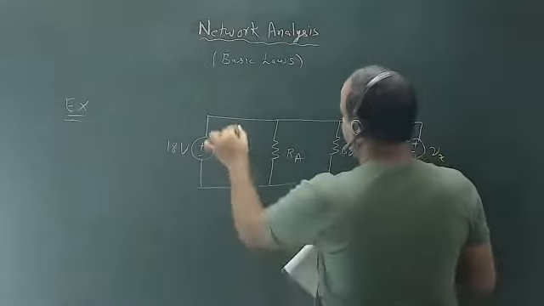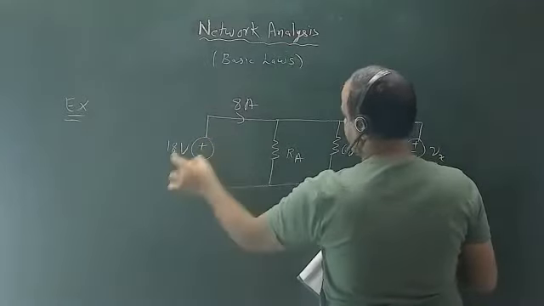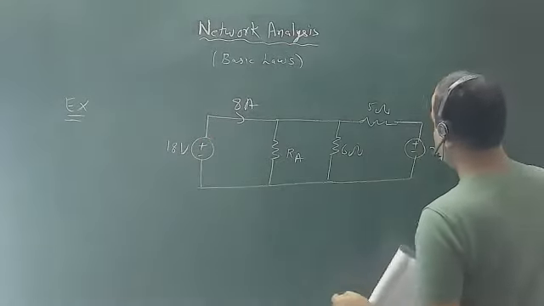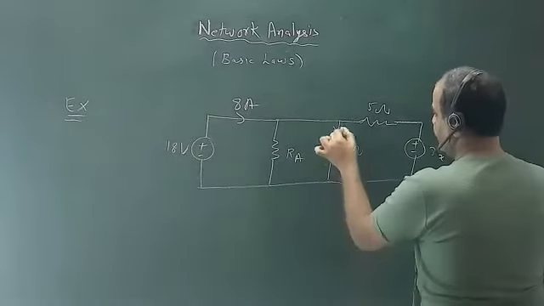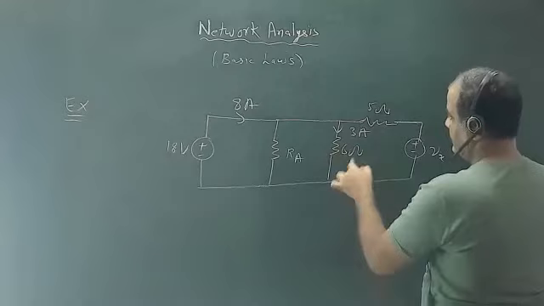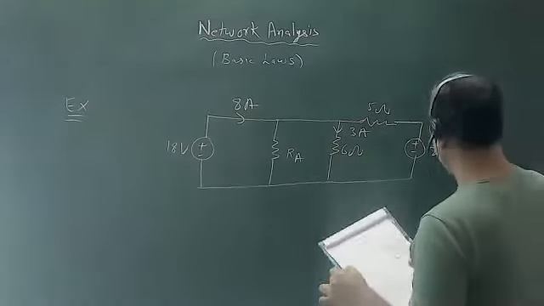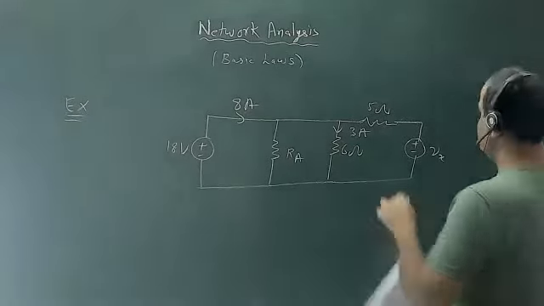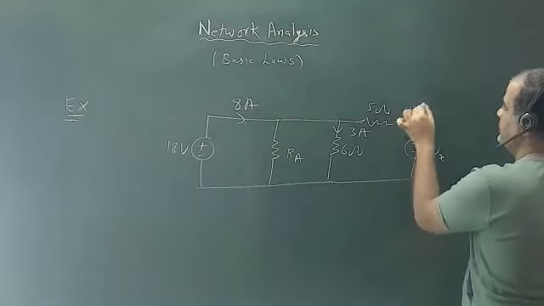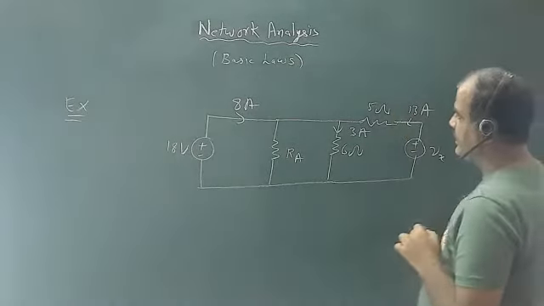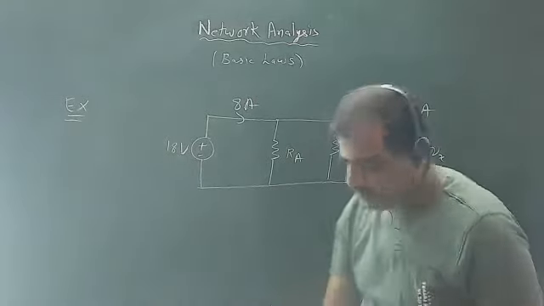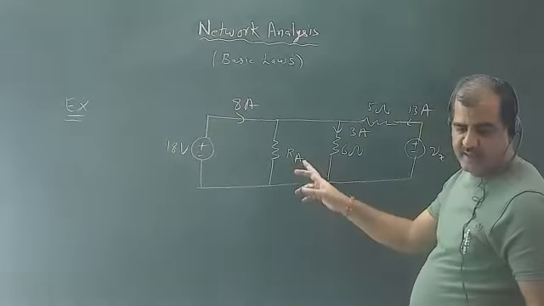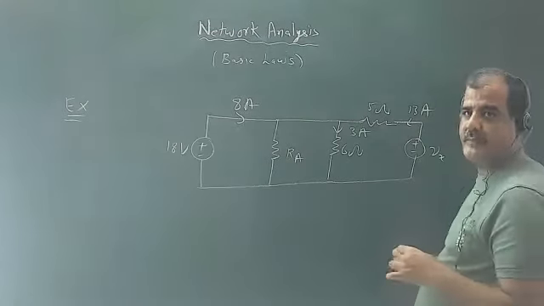This battery is giving 8 ampere current, we have 3 ampere current in the 6 ohm, and our Vx is giving 13 ampere current. Now you have to calculate the value of this resistance.